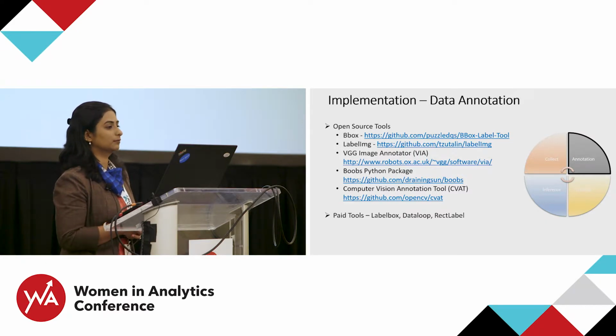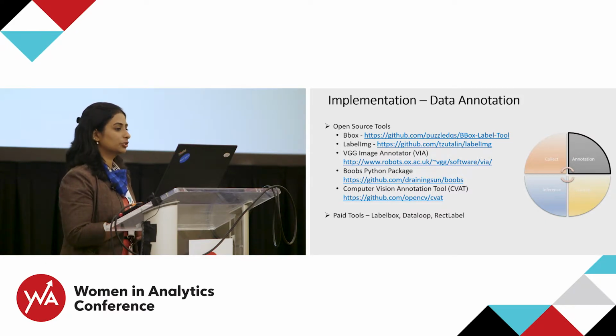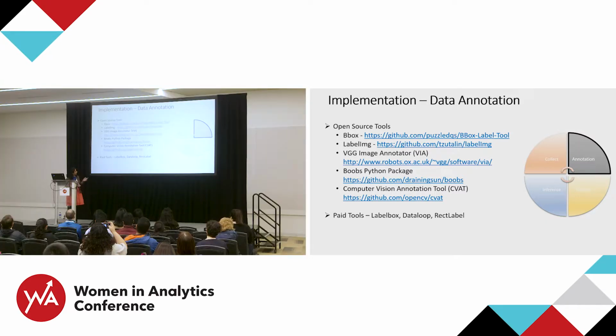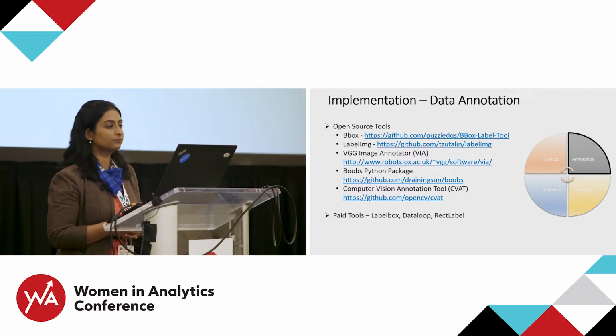Other features are like, can you read a CSV or a JSON or an XML format? I've also listed some paid tools here: Labelbox, Dataloop, and RectLabel. Dataloop actually claims to have automated this whole process using AI. So the less manual work, the faster you can develop solutions.